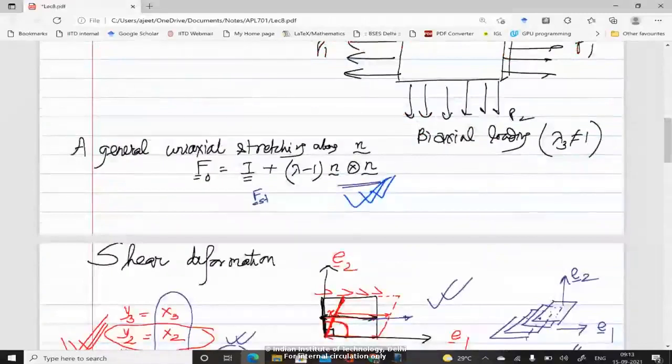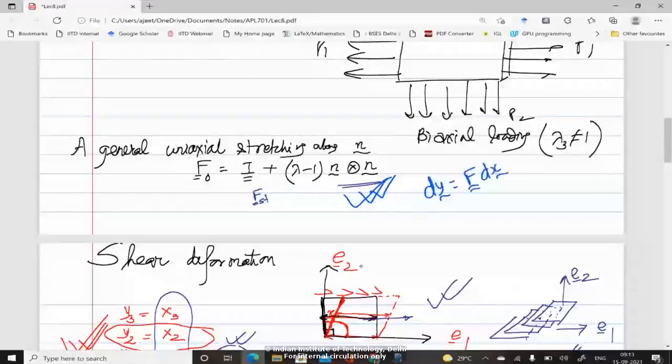You can also actually do it and see. Suppose I take stretching lambda. We know that dy is equal to F dx, right? Yes.